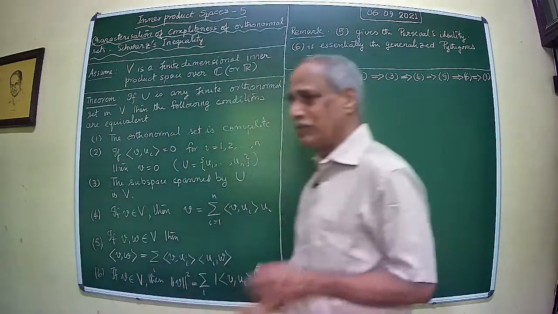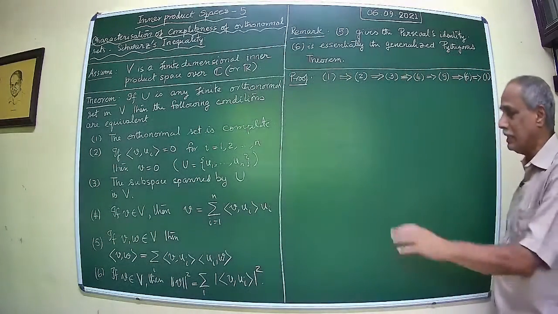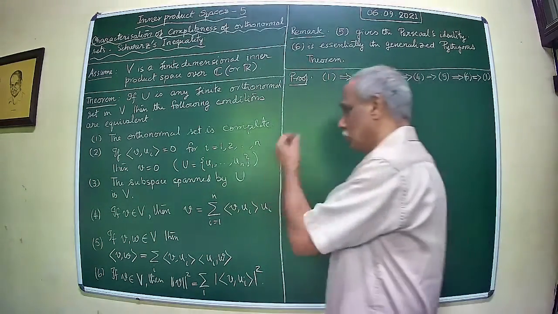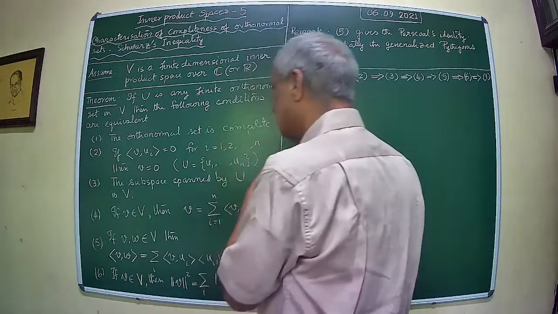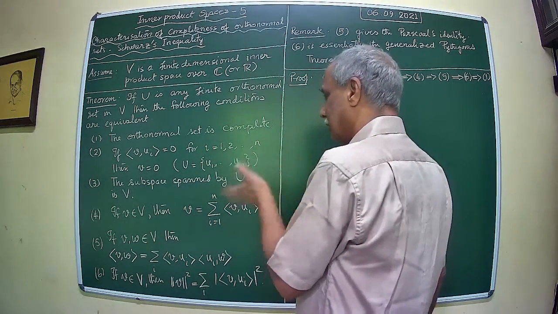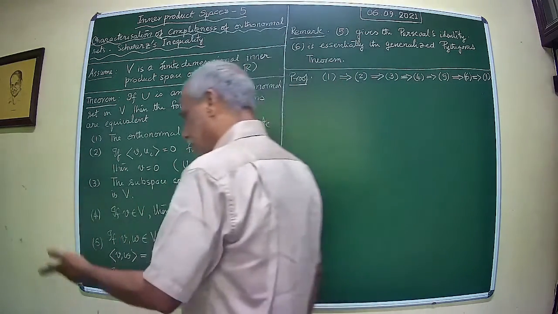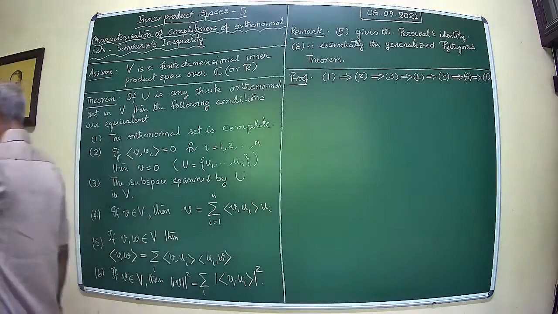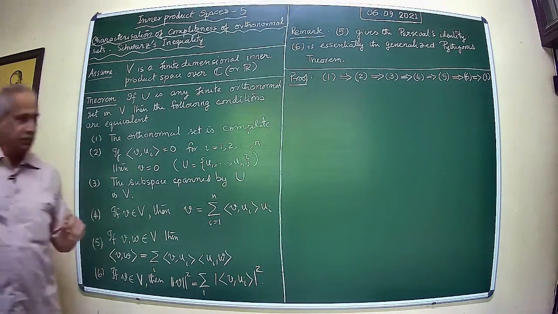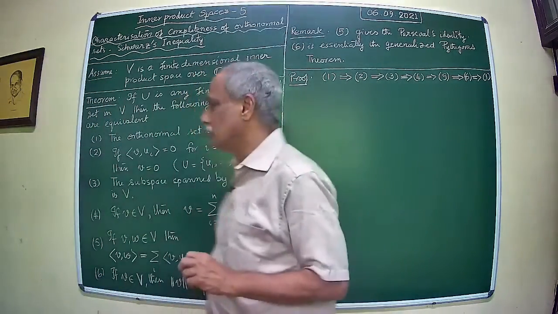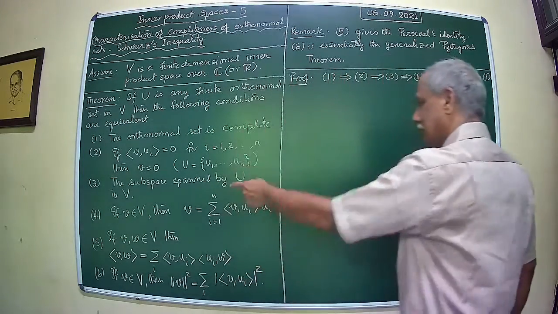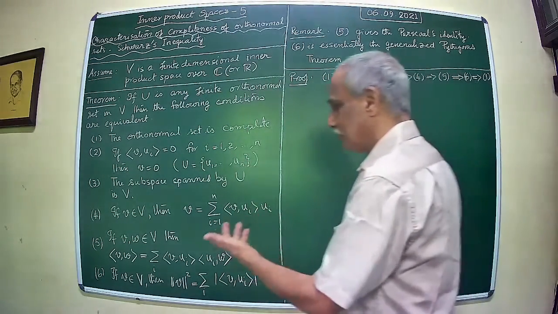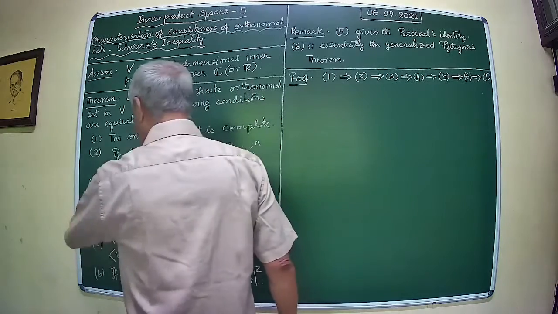Sometimes it is more convenient to break this up into two such cycles, and then you may be proving 1 implies 2, 2 implies 3, 3 implies 1, and then assume any one of these and prove 4, 5, 6, and then 6 implies 4.